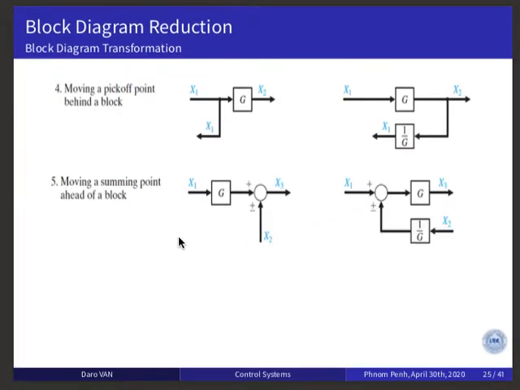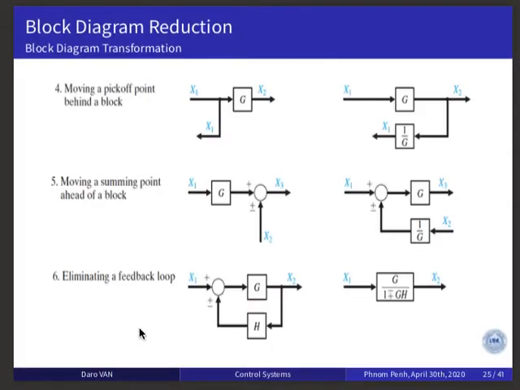So next is moving a summing point ahead of the blocks. For example, you have the diagram like this, and it can be transformed to this one. There's only a little change, but x3 has to be the same. Very simple. And the next one is eliminating a feedback loop.